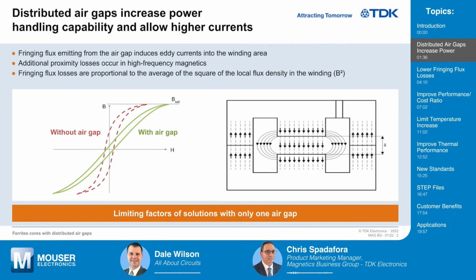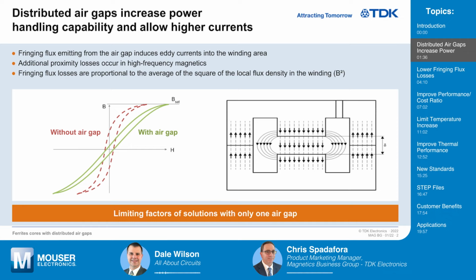The biggest one is the large fringing flux fields and the emitting stray eddy currents that go into the winding area. Higher frequency magnetics also contribute to proximity losses, so the distributed air gaps will be able to increase the power handling capability and enable higher currents to pass through the device.